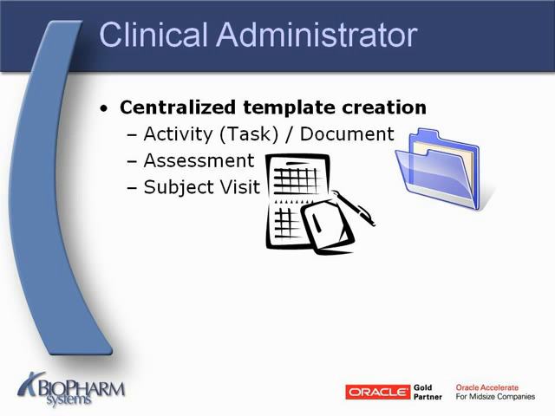So the ones listed here are the specific templates that the clinical administrator is responsible for. Activity or document templates basically translate your SOPs into templates that can be used over and over.